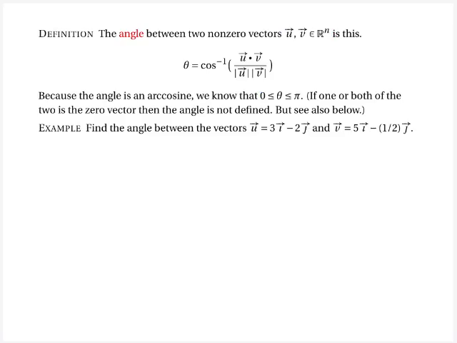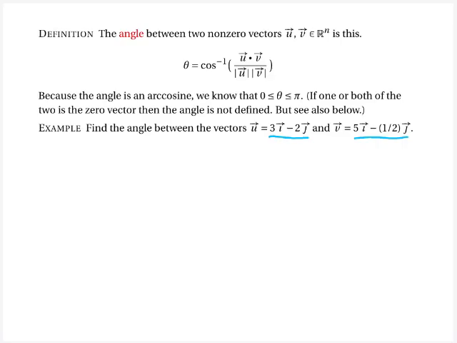So we'll find an angle between the two vectors, and the only real question is how tall are these vectors? 3i minus 2j is a 3, minus 2 vector, and 5i minus 1/2 j is a 5, minus 1/2 vector. Strictly speaking, I suppose it could be 3i minus 2j plus 0k, but I would have warned you if that was true.